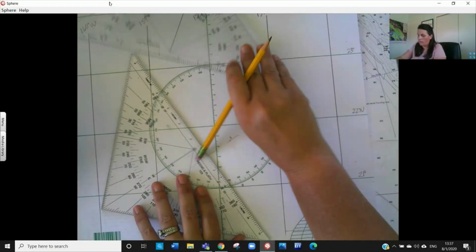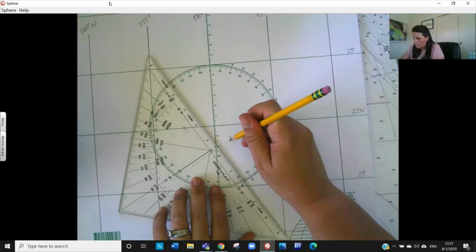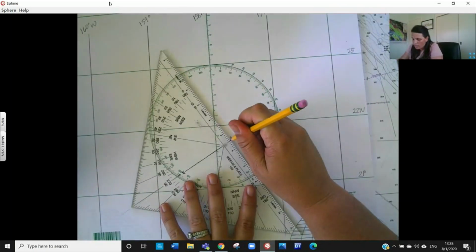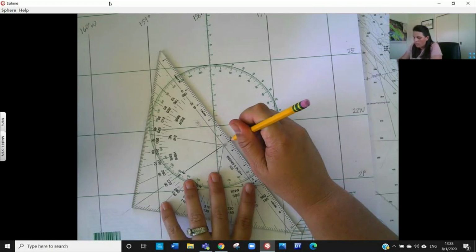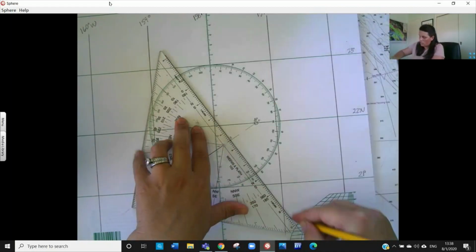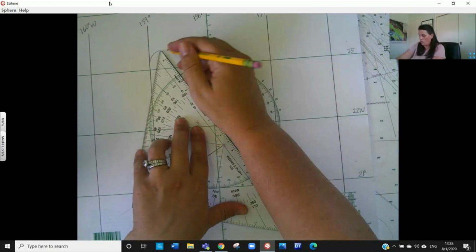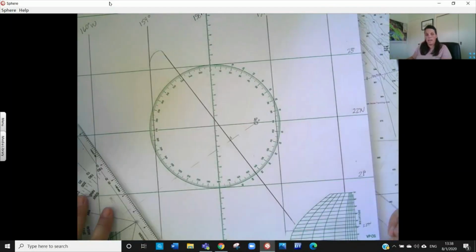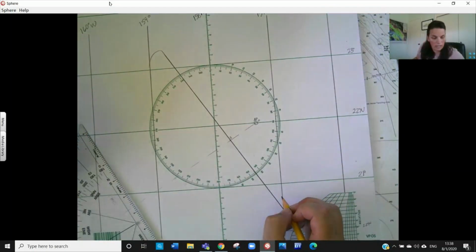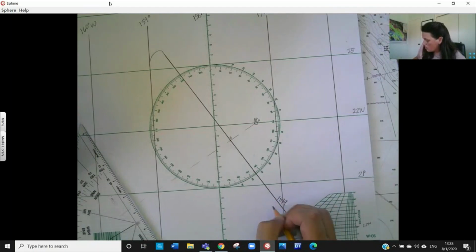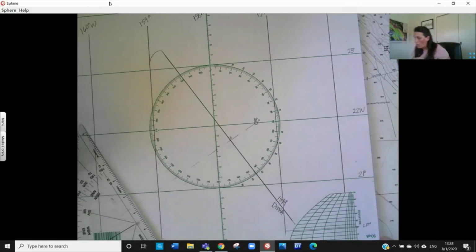So I will find my pencil here, find my perpendicular line, and draw in my LOP for, what was this at? It was 1819, DIFA. So I have one LOP done.